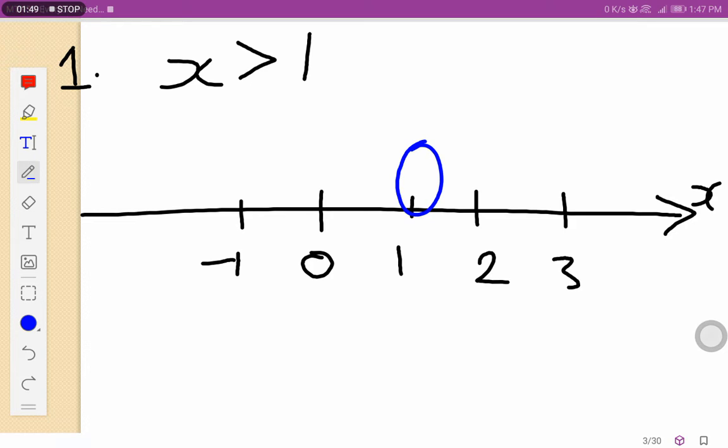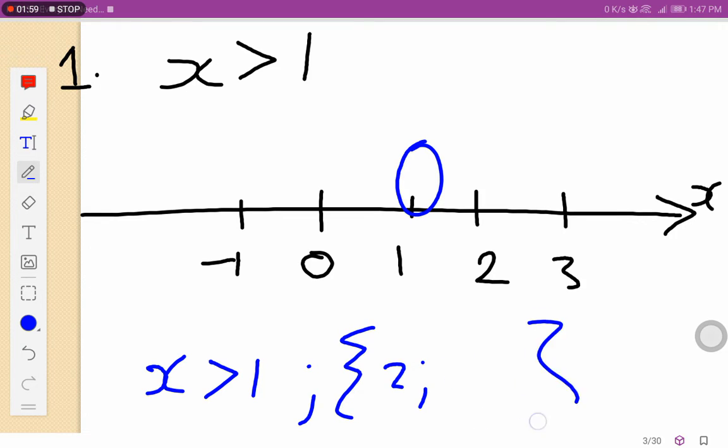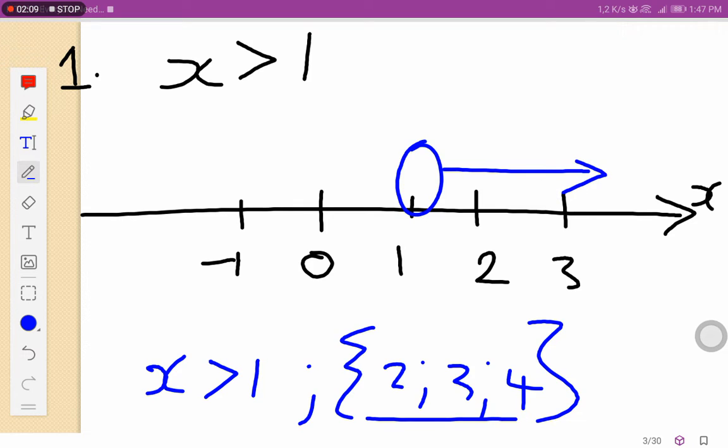If we say x is greater than 1, its values are going to be 2, 3, 4, okay, and so on. So what happens is this: we point the arrow to where the numbers are of x. So we'll have the arrow going this direction like that. Those are the values of x going from 1 and up there.